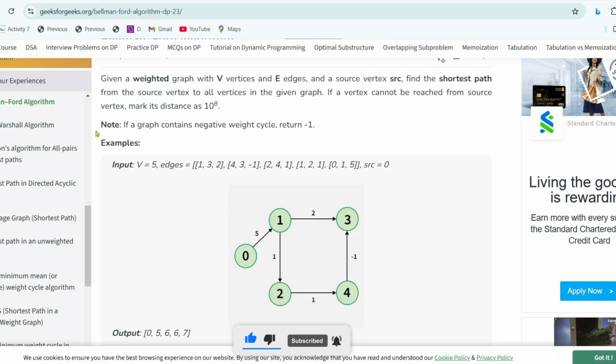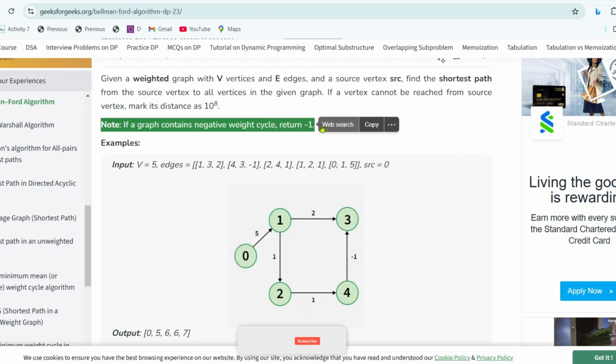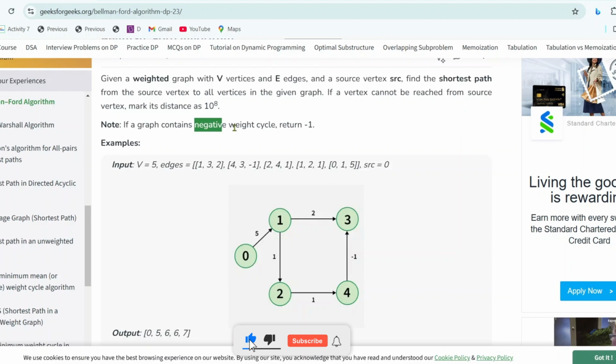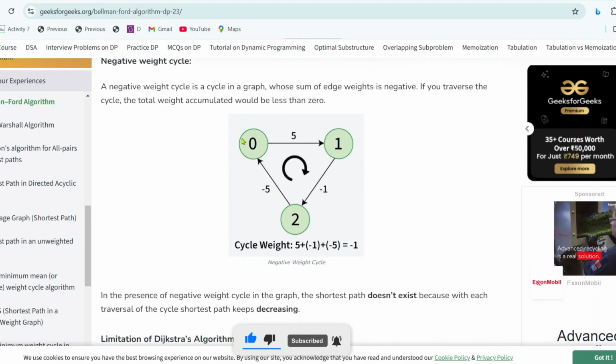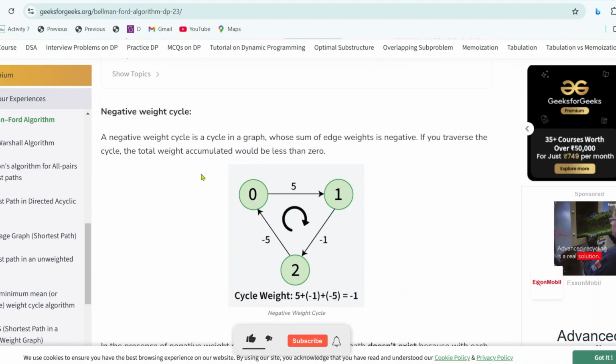First of all, I would like to discuss this note. What is a negative edge cycle? Here they have given an example of a negative edge cycle. A negative edge cycle is a cycle in the graph whose sum of weights is negative. If you traverse a cycle, the total weight accumulated could be less than 0.